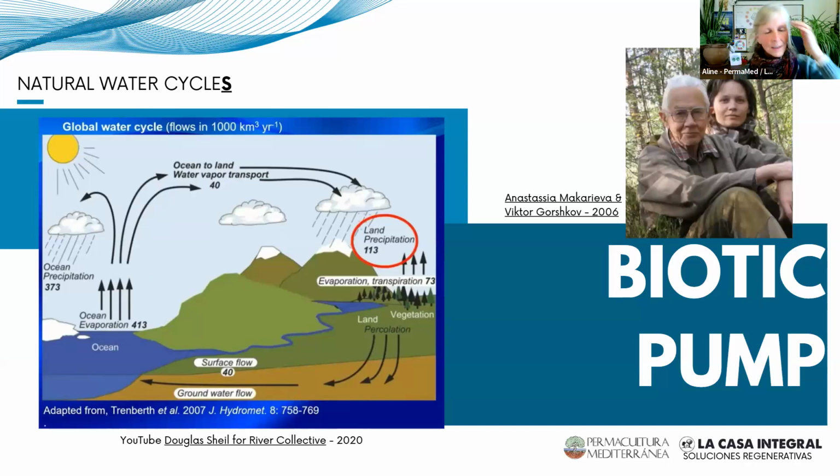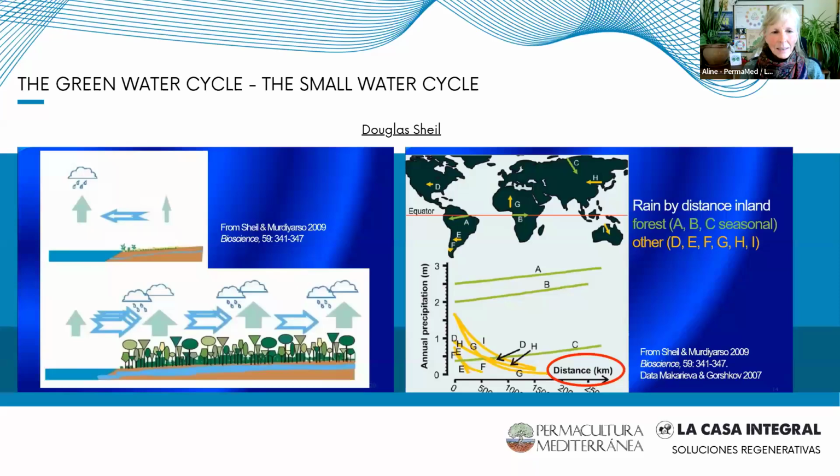So it's not just the clouds that move on their own, it is actually the vegetation that calls the clouds into the continent. This means that if there is no vegetation inland, the clouds will just come onto the land and say, oh, this is nice here. I'll just drop it all right where I am. I have no further interest in going further inland.